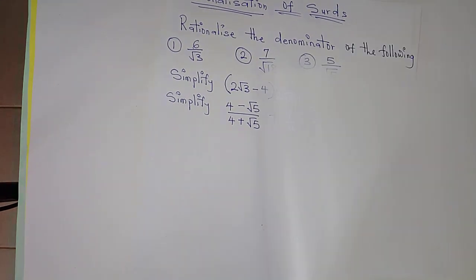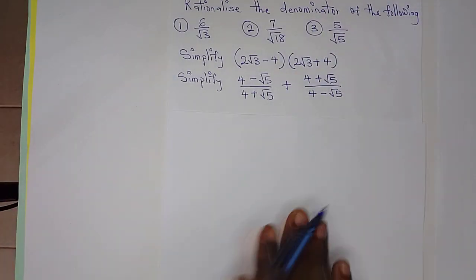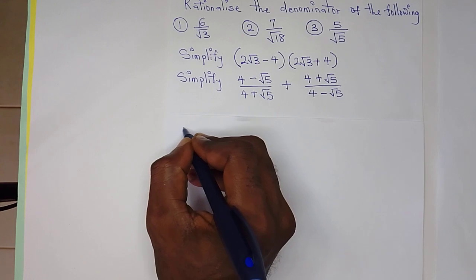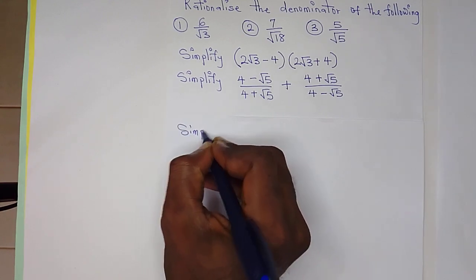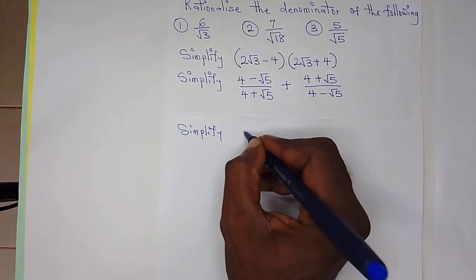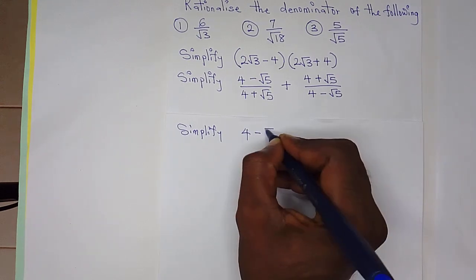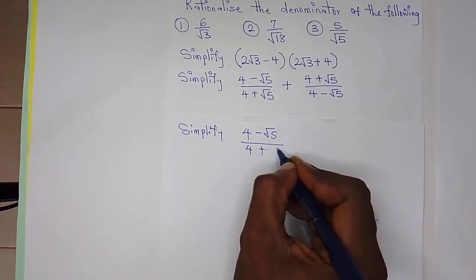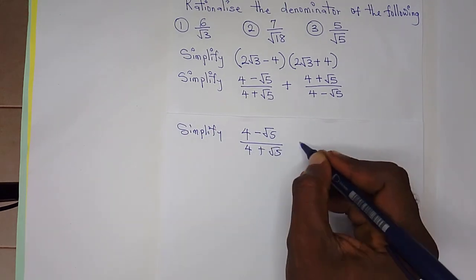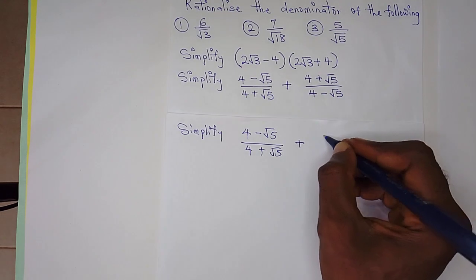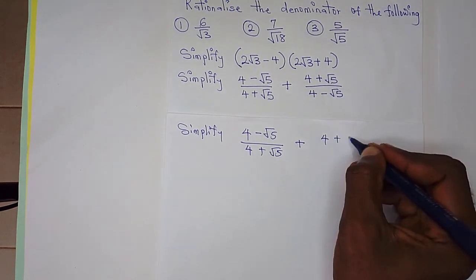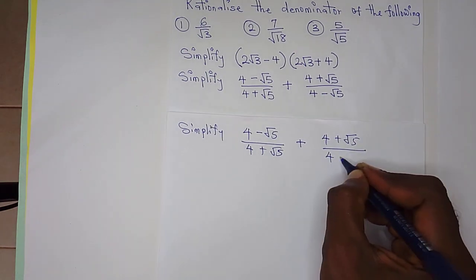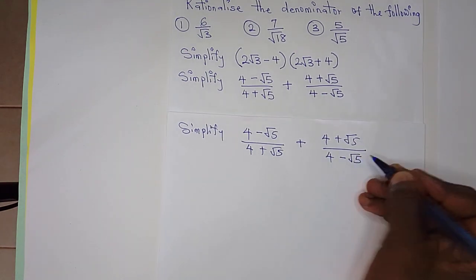So let's see the next question. The next question says simplify 4 minus root 5 all over 4 plus root 5, plus 4 plus root 5 all over 4 minus root 5.